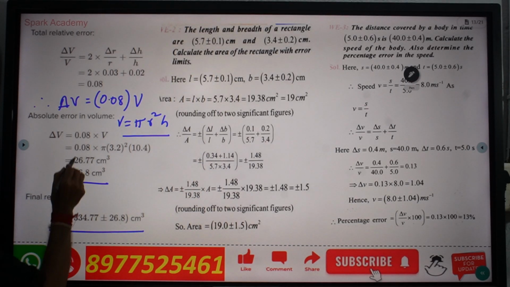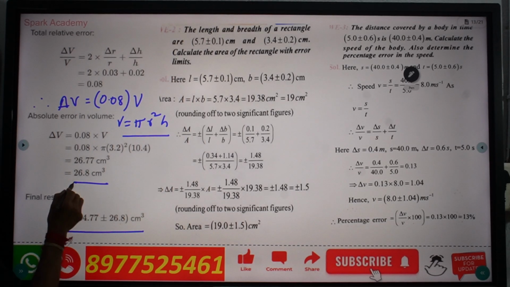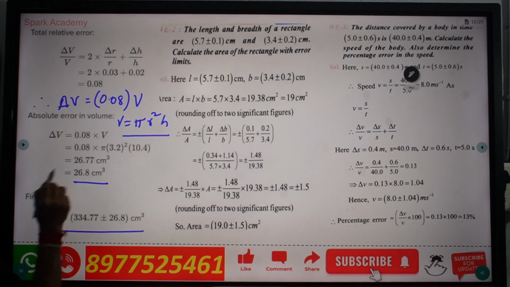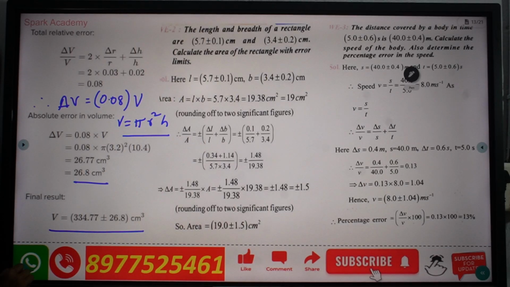So you will be getting del V as 0.08 times V, so directly you get 26.8. So how should you write down the volume? Volume you should write by using the formula: you got 334.77, plus or minus 26.8. This is how you should write.